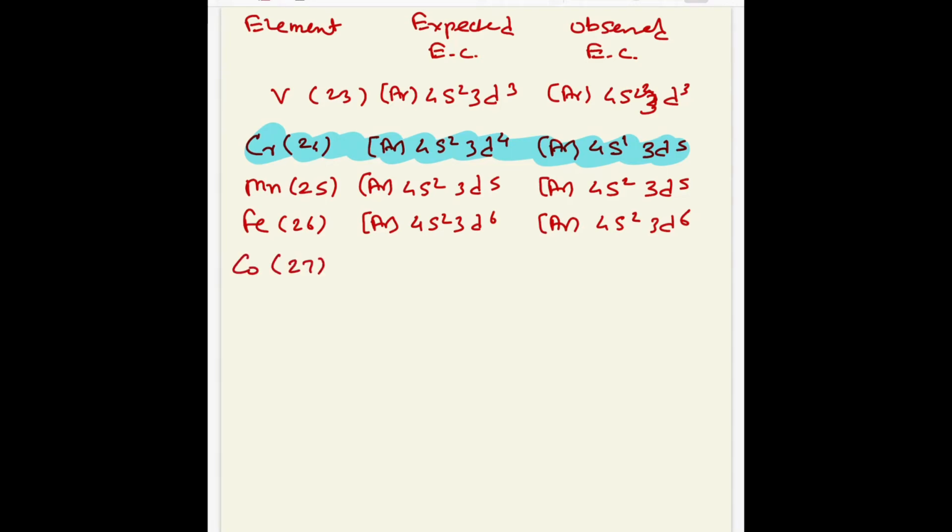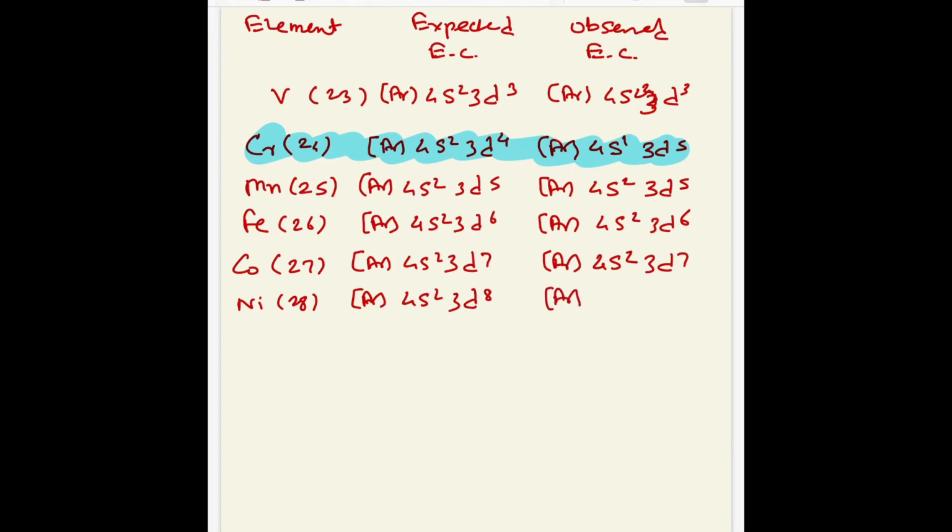The atomic number is 27 and its electronic configuration is 4s2 3d7, and the observed is also 4s2 3d7. After cobalt, the next element is nickel, atomic number 28, 4s2 3d8, observed 4s2 3d8.